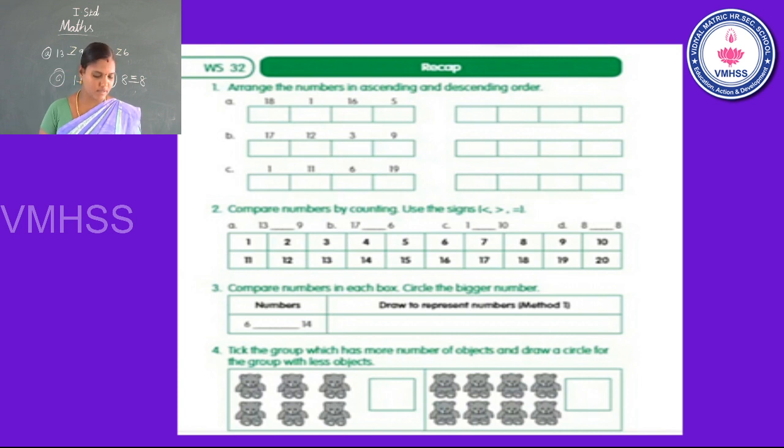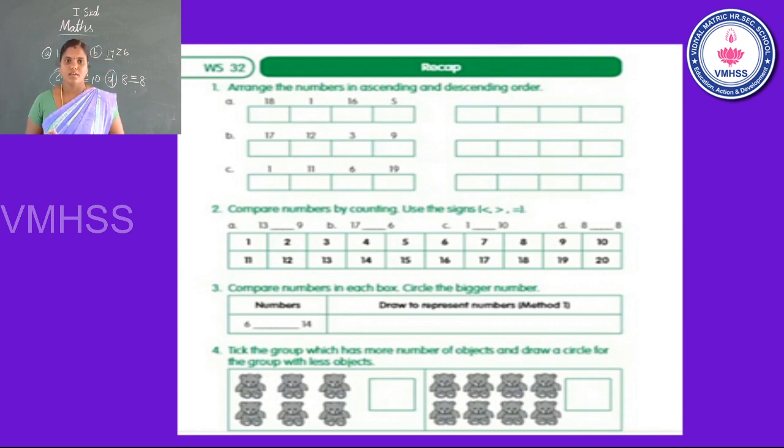What is the next part? Pick the group which has more number of objects and draw a circle for the group which has fewer objects. They are asking to tick the smaller one. Okay? Count it. 1, 2, 3, 4, 5, 6.